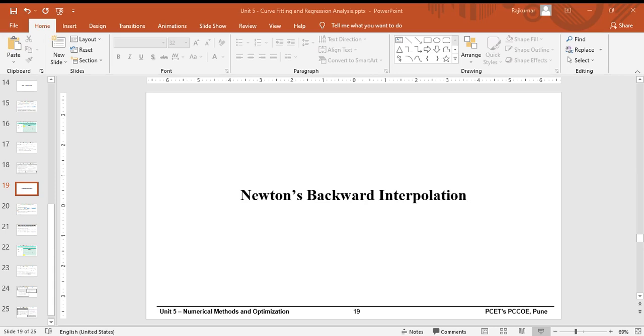Again for this you need to prepare the table. In the first column values of x are there, then f of x, del f x, del square f x and del cube. See, many times even in the books you will see that delta and nabla are used interchangeably. For forward you will see del, and for backward also they use the same symbol.